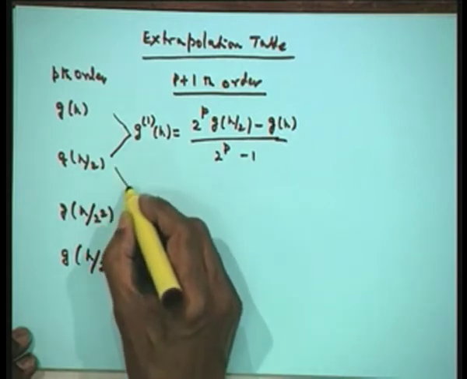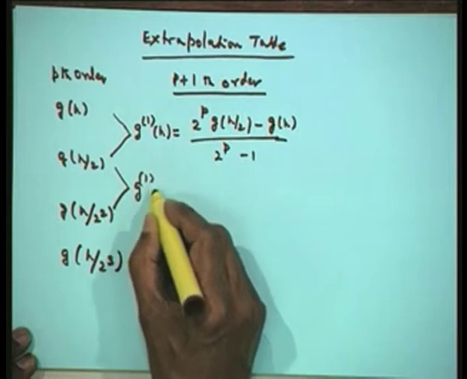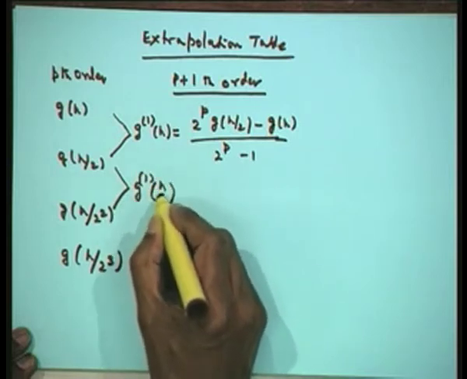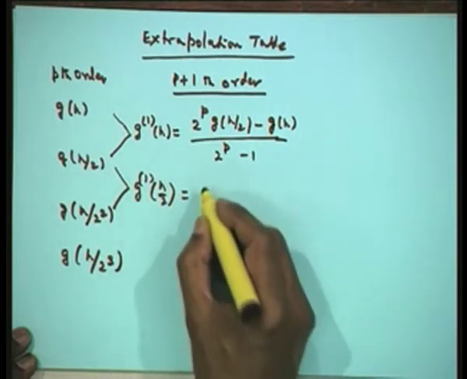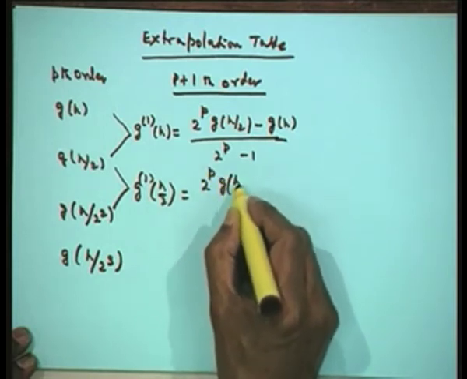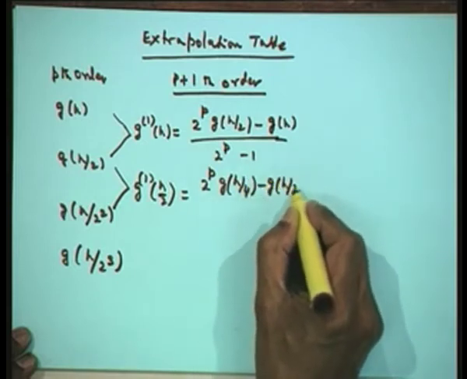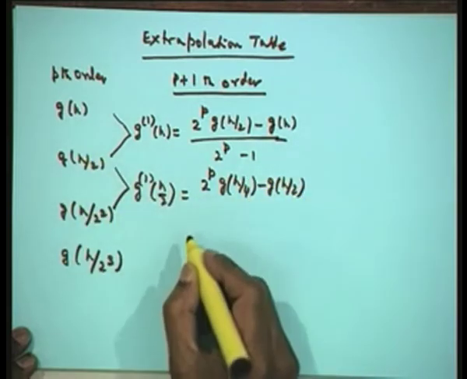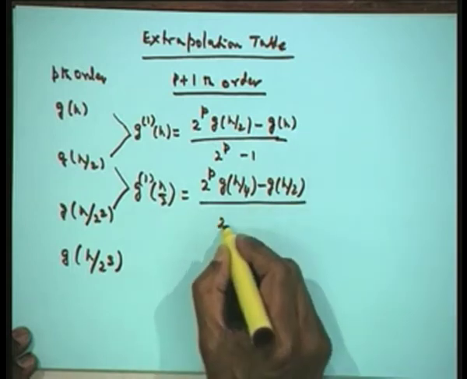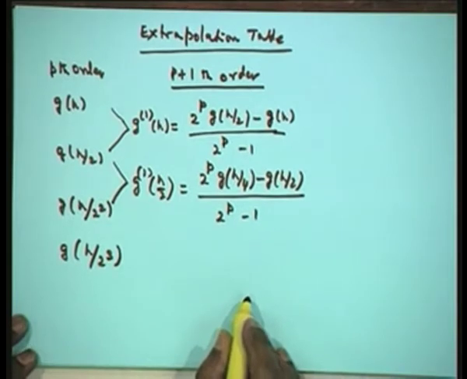I can manipulate these two successive ones and call this g 1 of h by 2. The coefficients do not change: 2 to the power of p g of h by 4 minus g of h by 2, these are the two successive values that we are using, divided by 2 to the power of p minus 1.